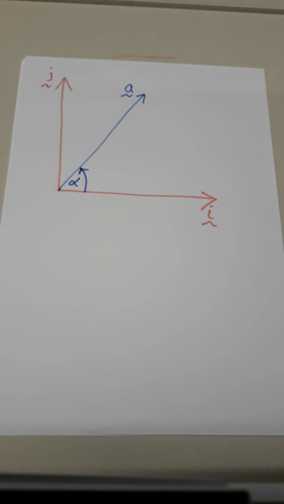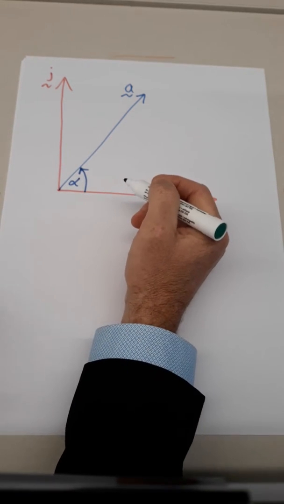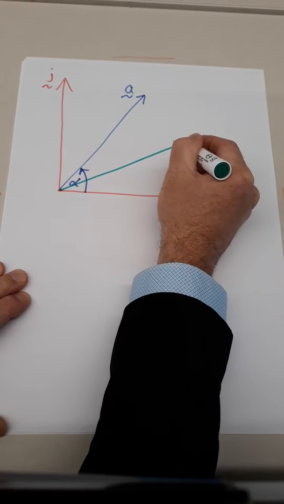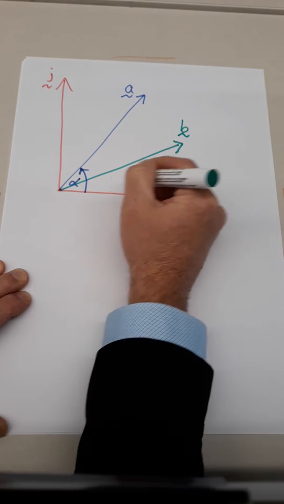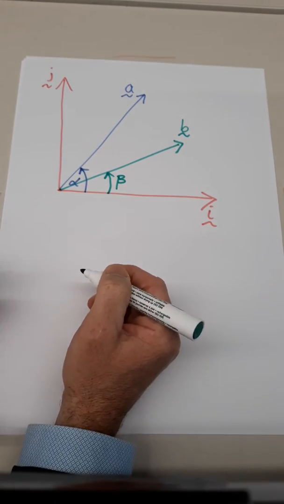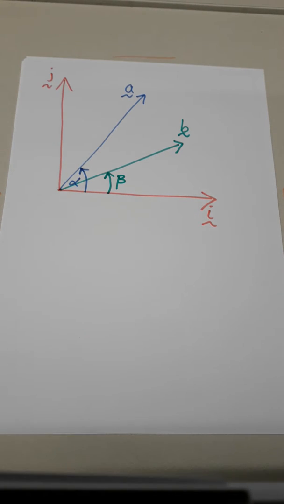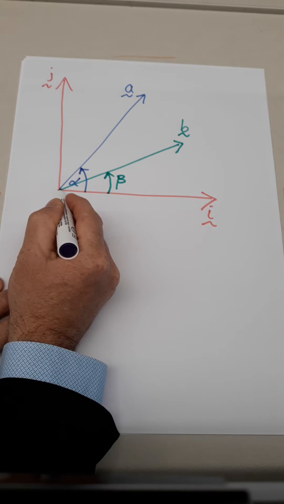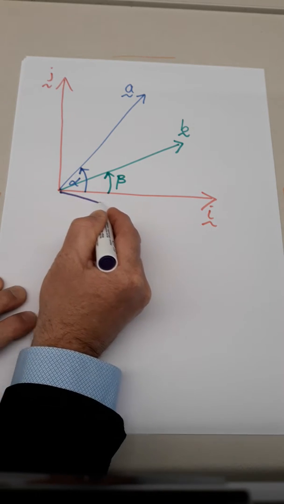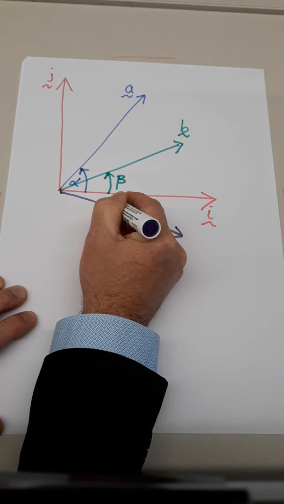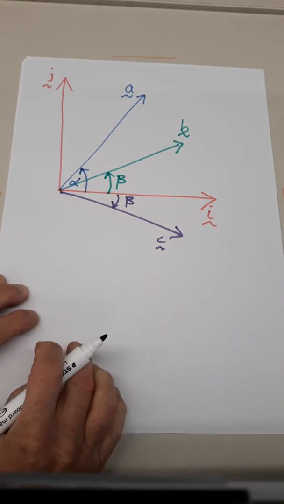That's no big deal. Let's also have a vector B, which is also a unit vector, but let's pop B out there somewhere, and its angle is beta. And let's have a vector C, which is the same angle as beta, vector C, but you've got to go down that way to get there.